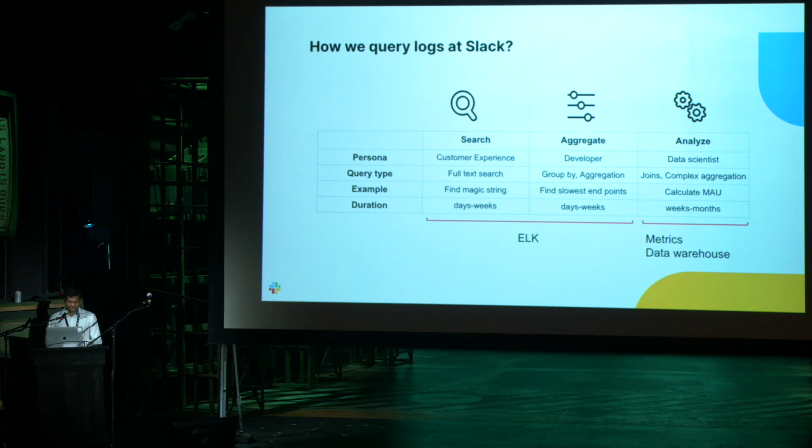The second big use case is the one common use case that we are familiar with, which is aggregation. In aggregation, a developer builds dashboards and alerts off of their logs. Generally, people are doing group bys and aggregations on their logs to answer questions like, hey, I'm doing a deployment.